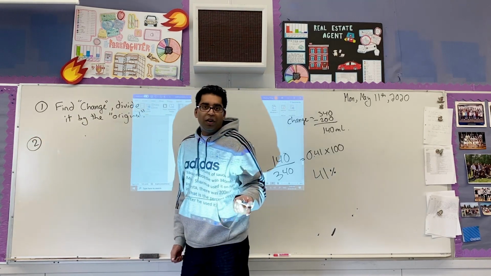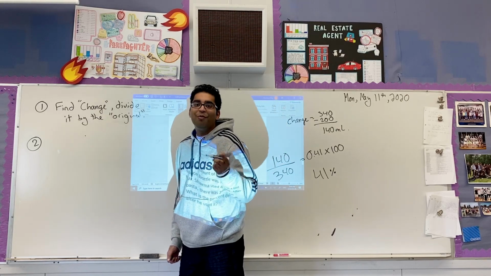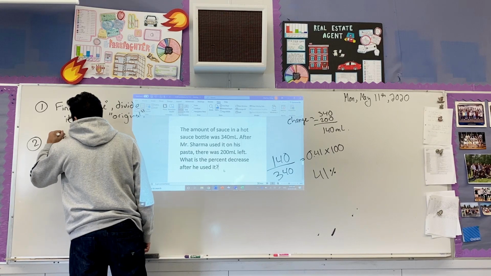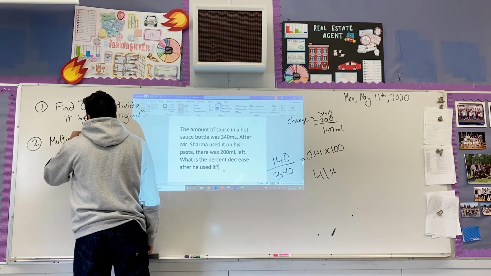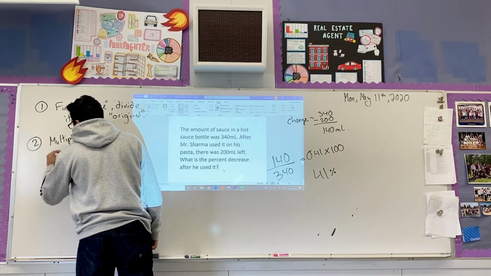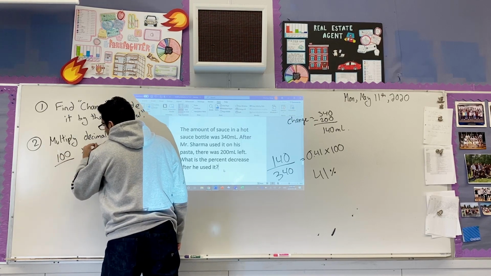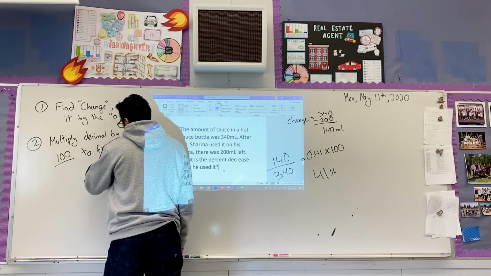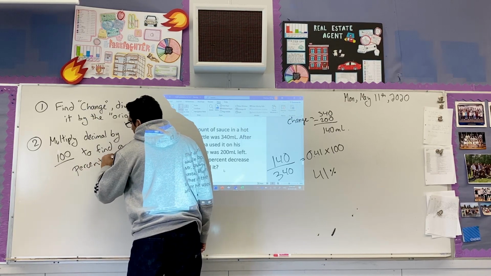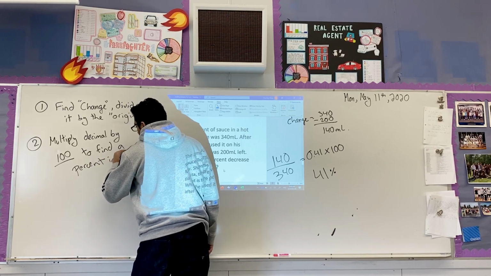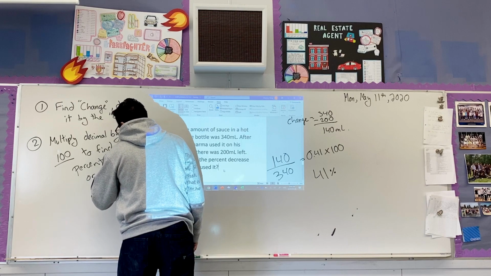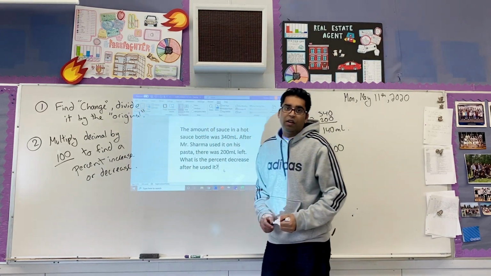That gives you a decimal, and then of course you multiply your decimal by 100. To find a percent increase or decrease.